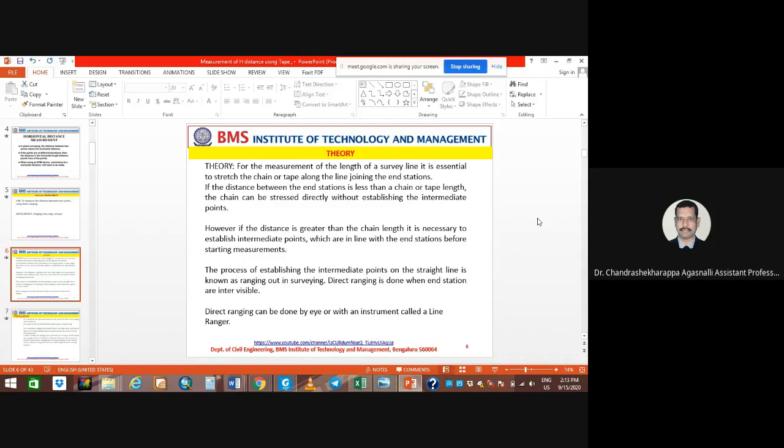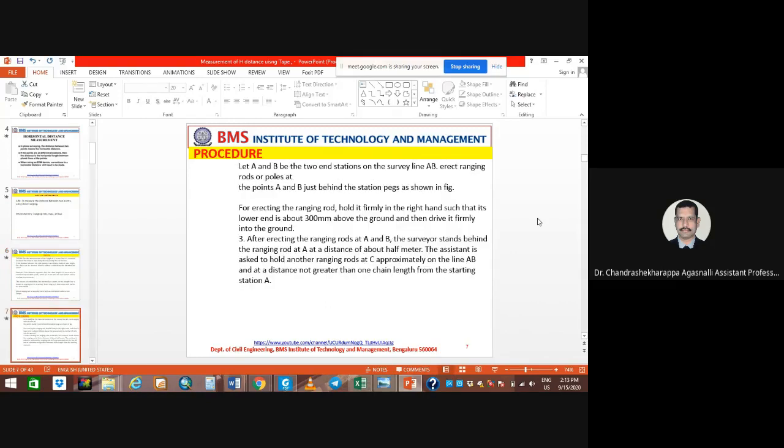Direct ranging is done when the end stations are intervisible. As I told you, if you have 2 or 3 stations and they are visible, no issues, no need to establish the intermediate points. Another case when you have to establish intermediate points is if the survey area has curves in the field.